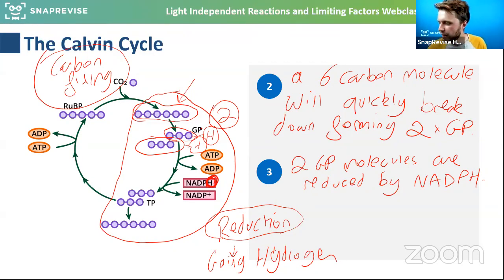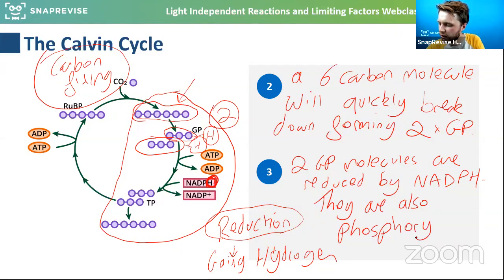So 2 GP molecules are reduced by NADPH, and let's say they are also phosphorylated. Phosphorylated means it's having phosphorus added to it, inorganic phosphates. If it has carbon added to it, that's called carboxylation as well, just something you actually see.